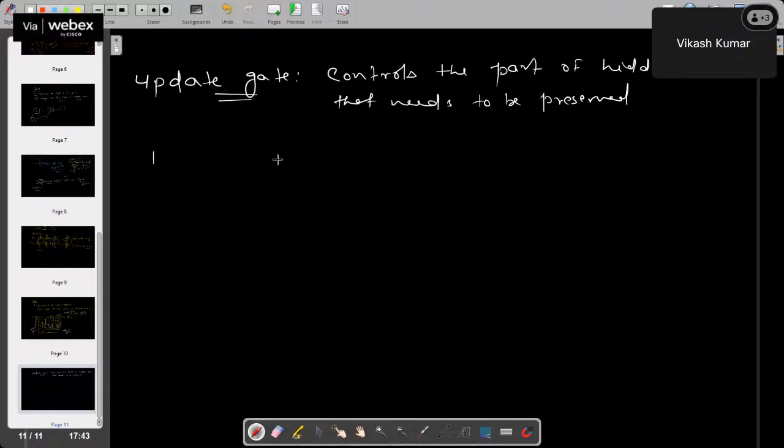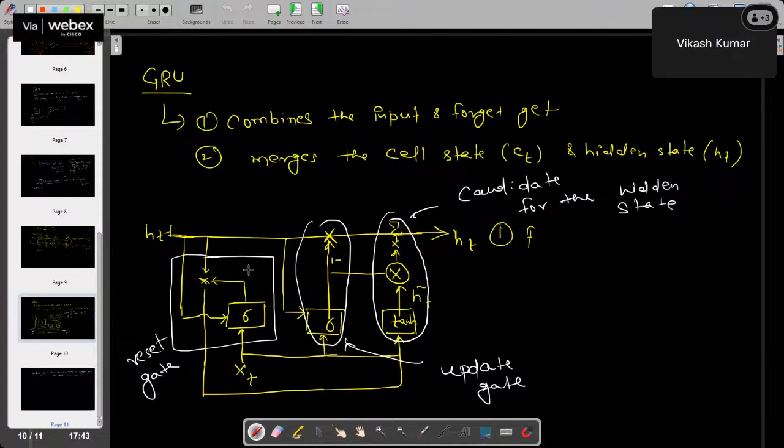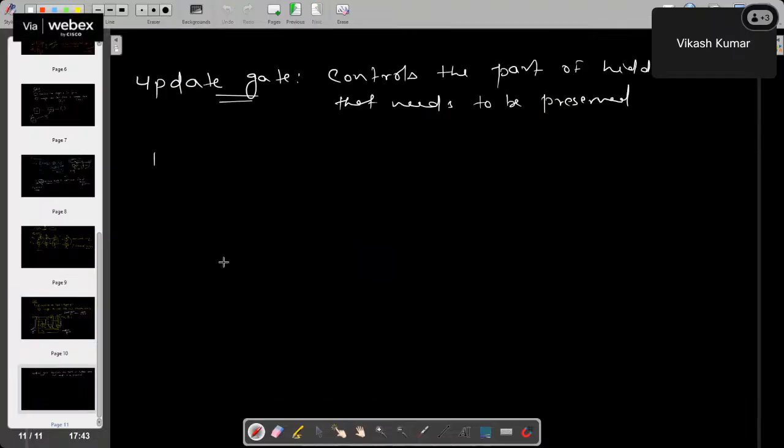Okay, so if I say that this is value z, okay, the value that is coming is z. Okay, so now if I ask you mathematically what this equation will look like, it will be something.